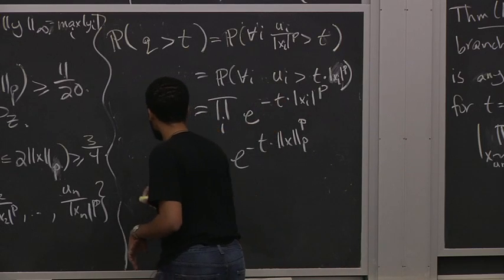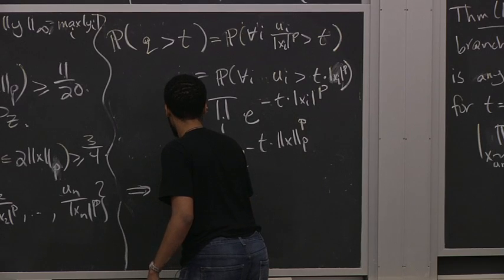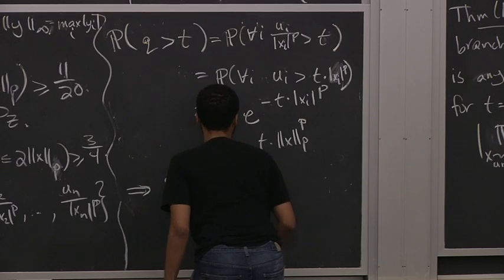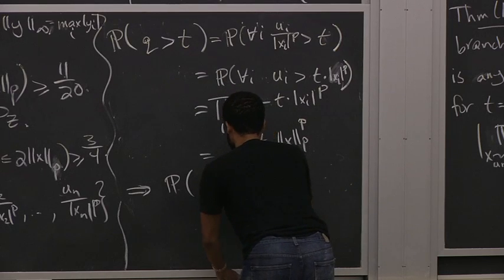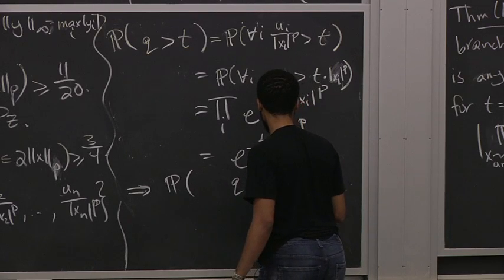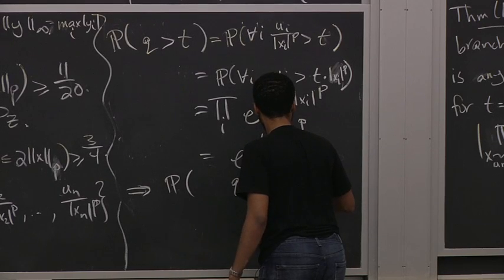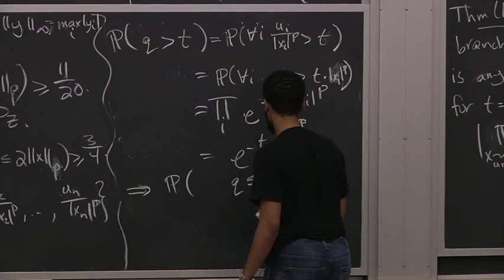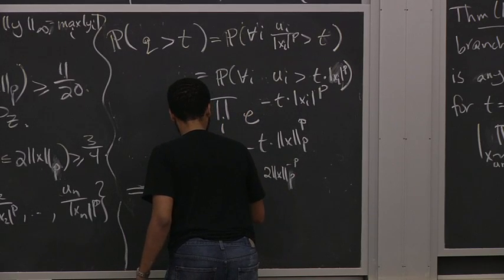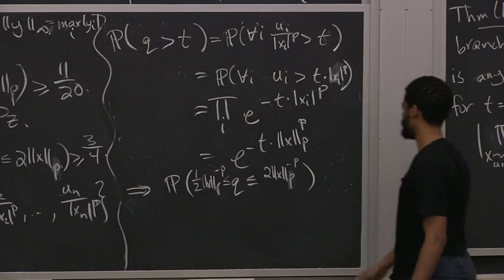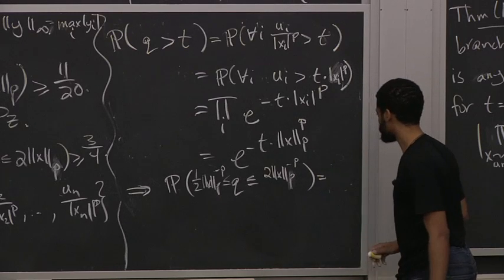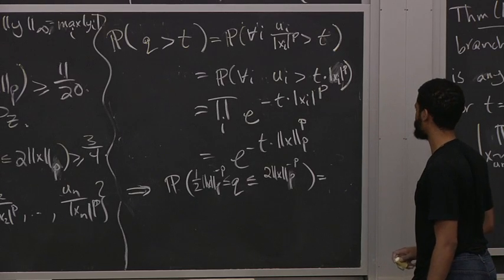So this implies that the probability that Q is between, let's say, 2 Lp to the p is equal to, is this right?